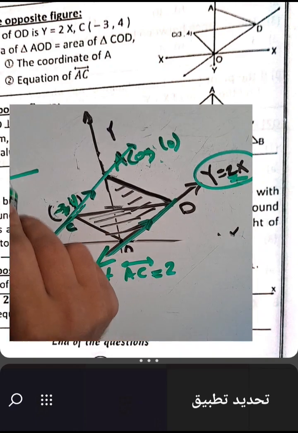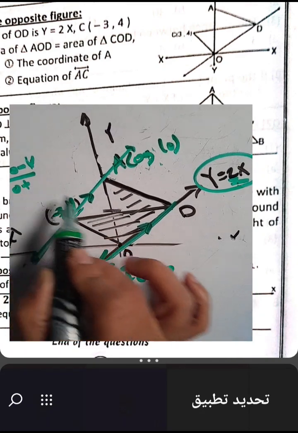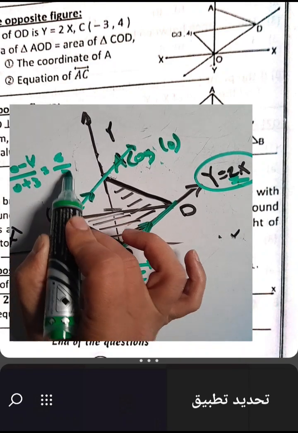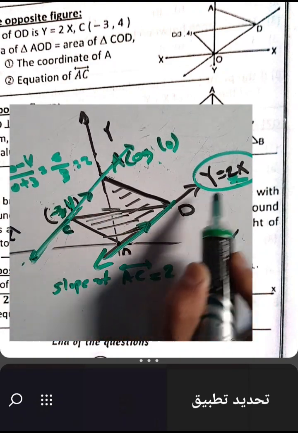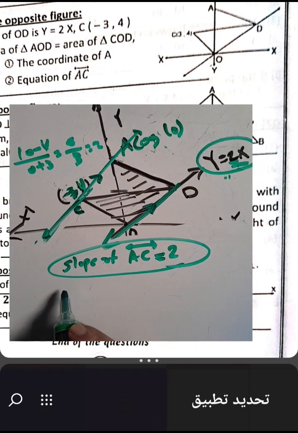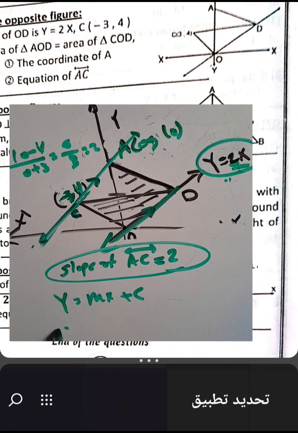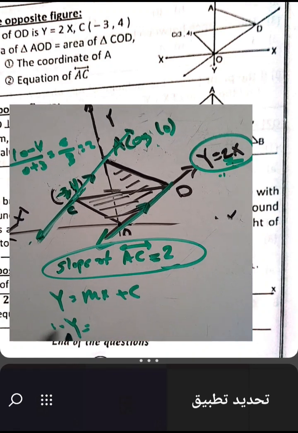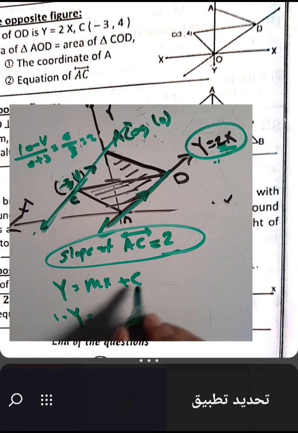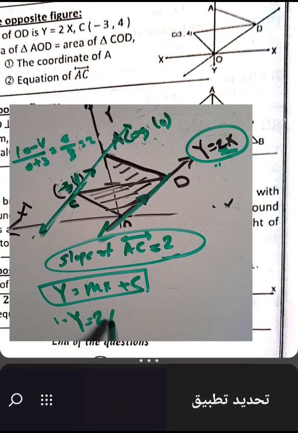Understood? We can write 10 minus 4 over 0 minus 3, it will be 6 divided by 3, then the slope here equals 2. Then the equation of the straight line, y equals mx plus constant. Then y equals 2x plus constant.